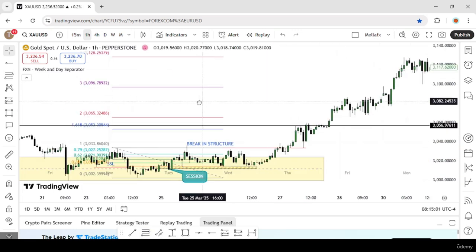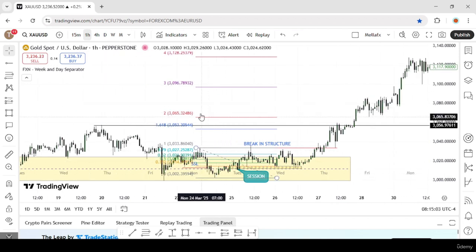So we see the measure from this ticks from this high to this low. So it went once and twice and thrice.